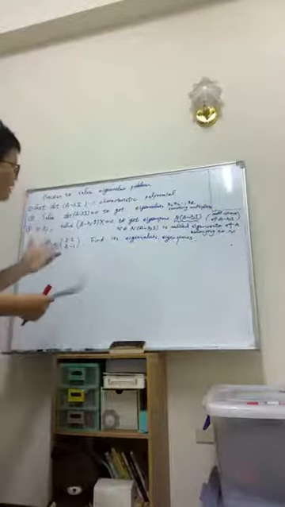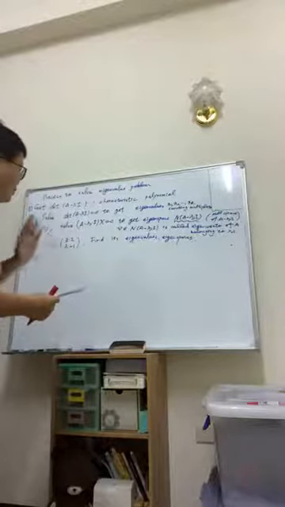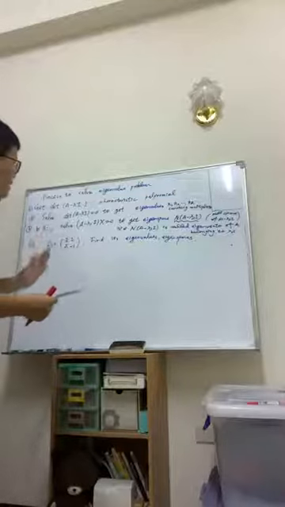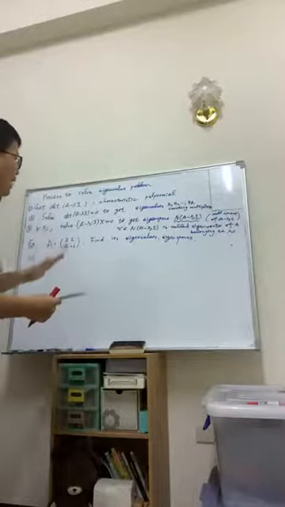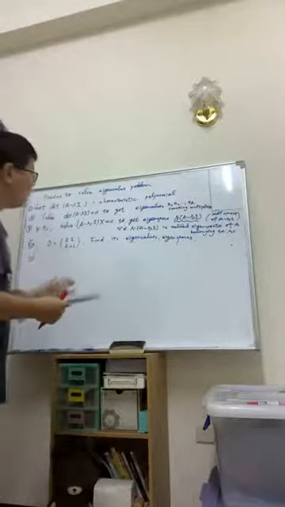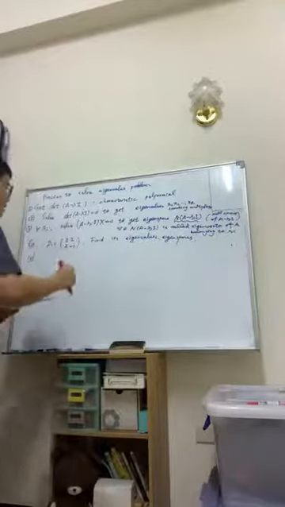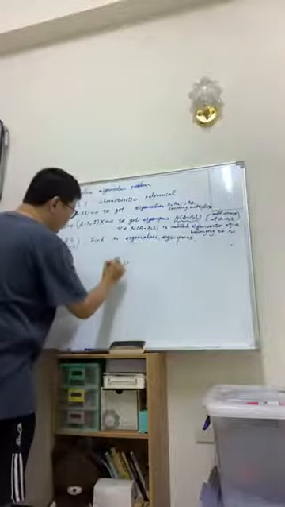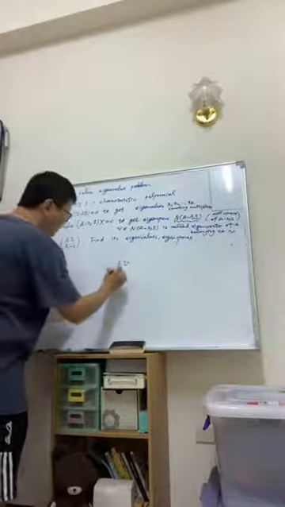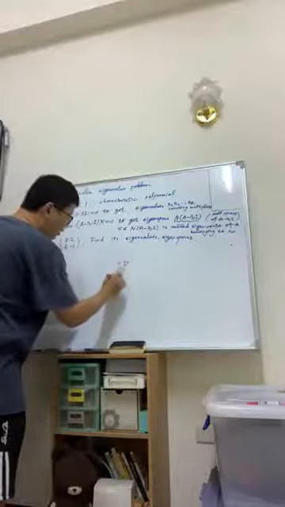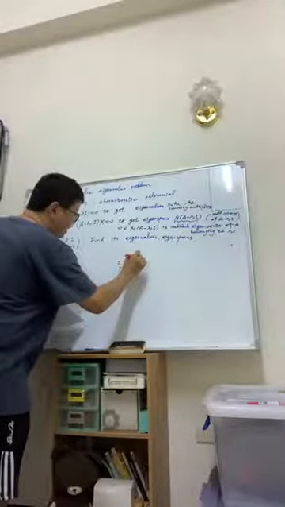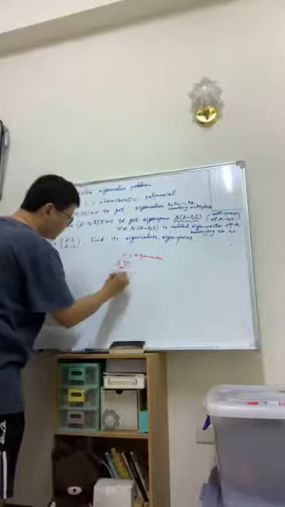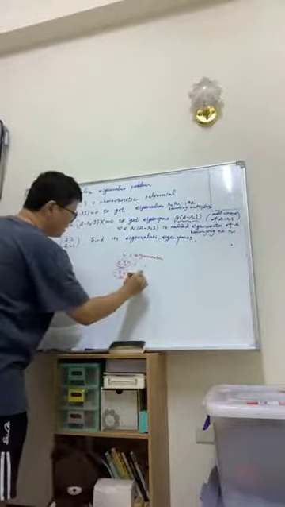But as we say, if you multiply an eigenvector by any non-zero scalar, it is also an eigenvector. If v is an eigenvector, you could multiply by 2, by 3, or by -3, and it's still an eigenvector.